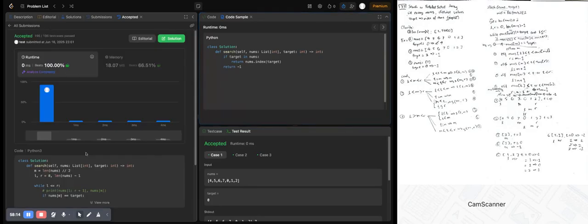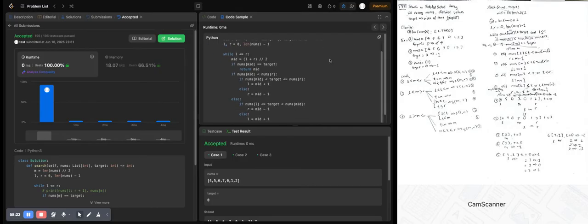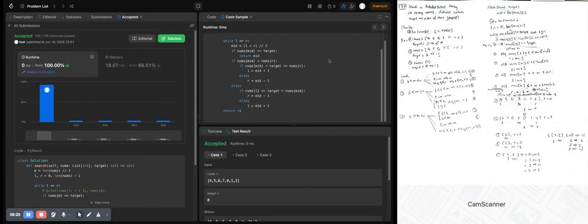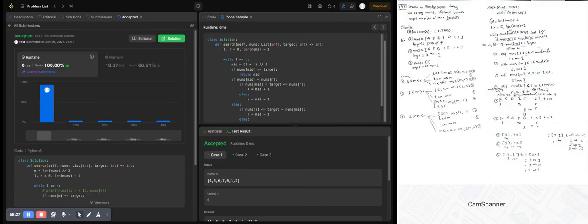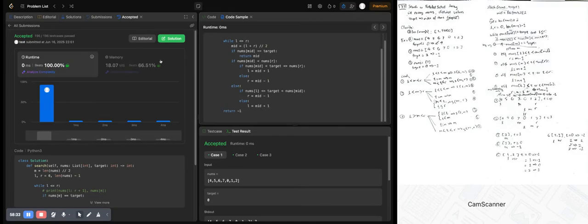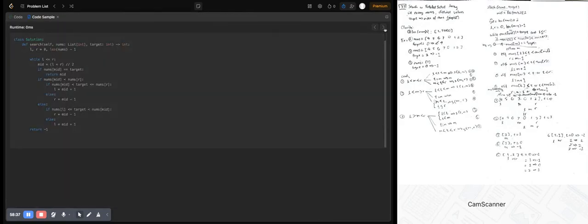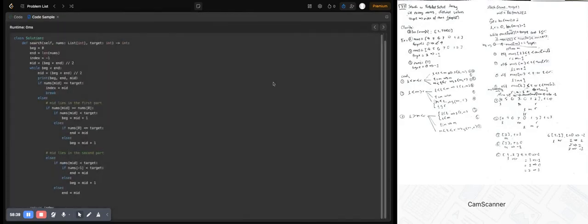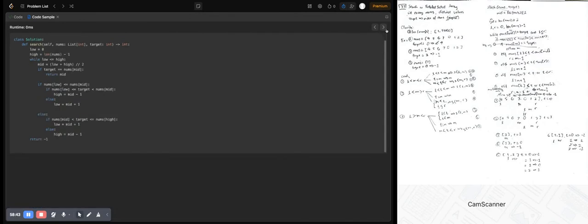Let's see some solutions here. It's pretty interesting, I guess. A target in nums. Okay, this is not O(log n), it's O(n). Let's look at some other solutions there. This one is pretty long.